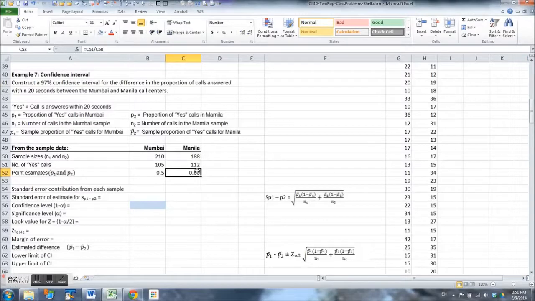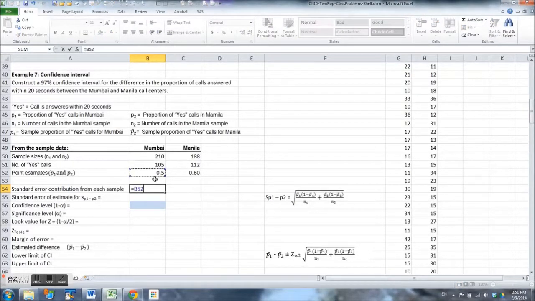Now from this we can set up the standard error for P bar sub 1 minus P bar sub 2, and since this is kind of a long formula, let us split it up into two parts and then put them together. So the first part is P bar sub 1 times 1 minus P bar sub 1 over N sub 1. So that is P bar sub 1 times 1 minus P bar sub 1 divided by the sample size.